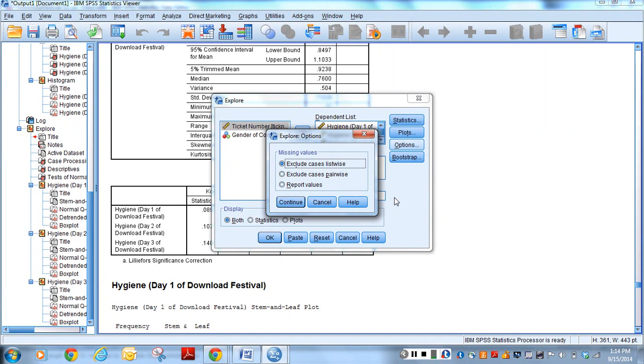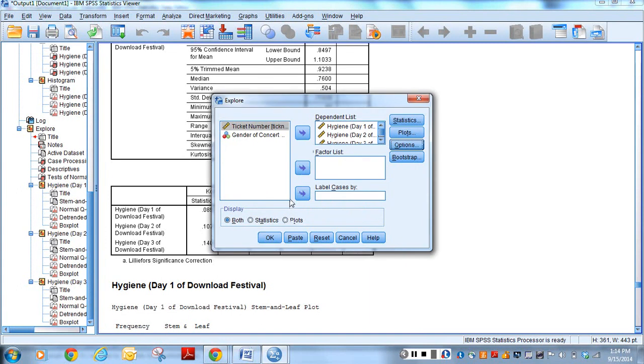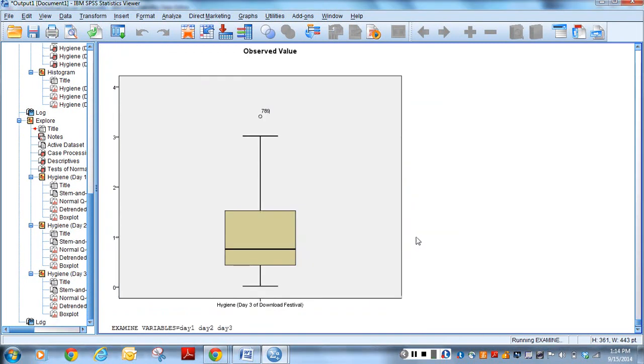So it was only showing us our day 3 individuals. So we are going to actually select Exclude Cases Pairwise. Click Continue, and then OK to run our analysis.